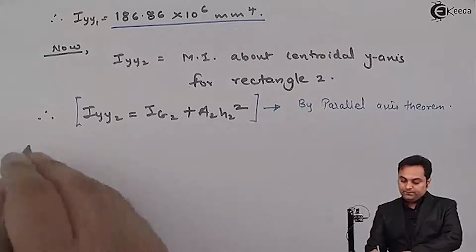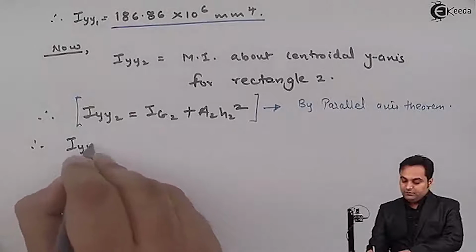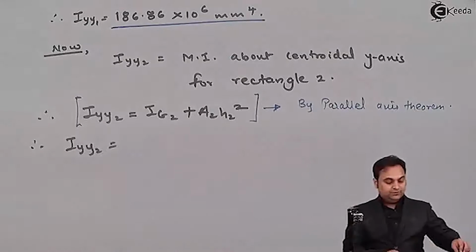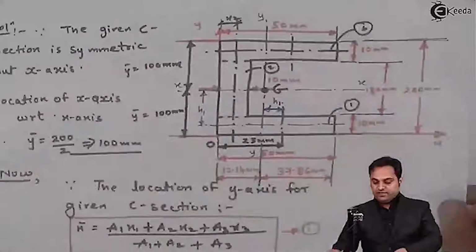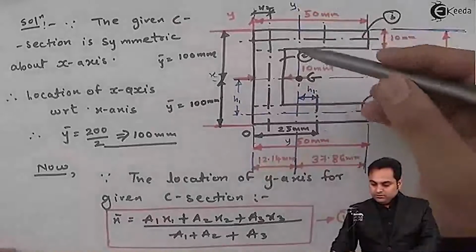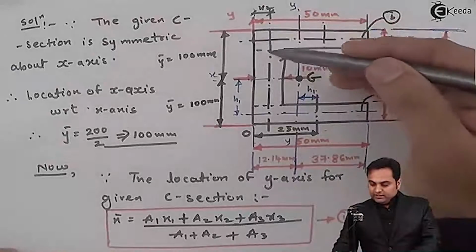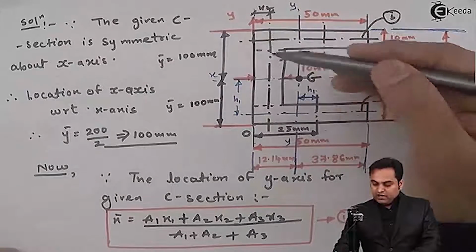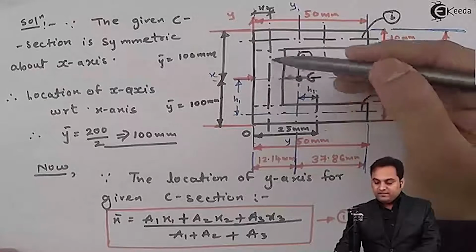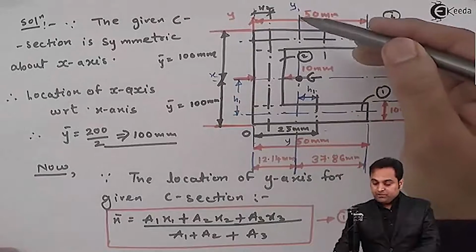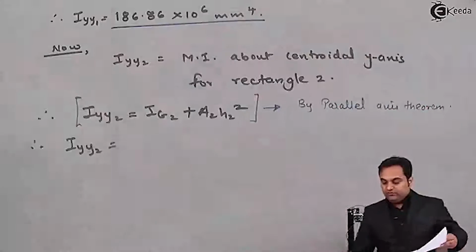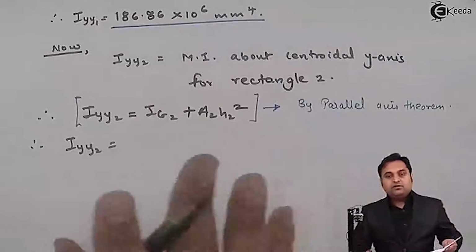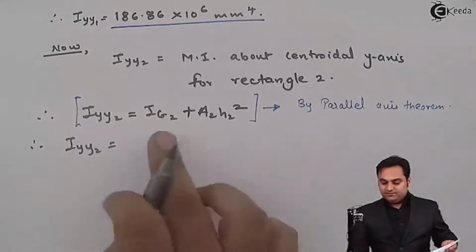Now we can see from the diagram that the y-axis of rectangle 2 is at a distance of half of 10, that is 5 mm, whereas the y-axis for the complete section is at 12.14. So that will be solved by the parallel axis theorem.